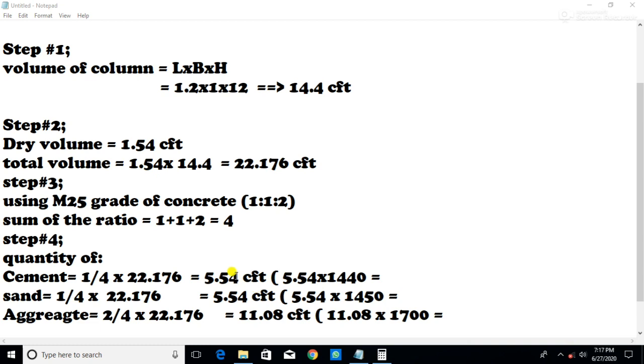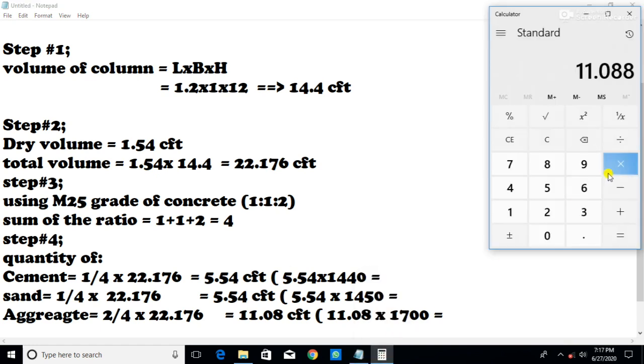Now we will find the quantity of cement, sand and aggregate in kgs. The 1440 is the dry density of cement, so we will multiply it with the quantity of cement. For this we will use a calculator.